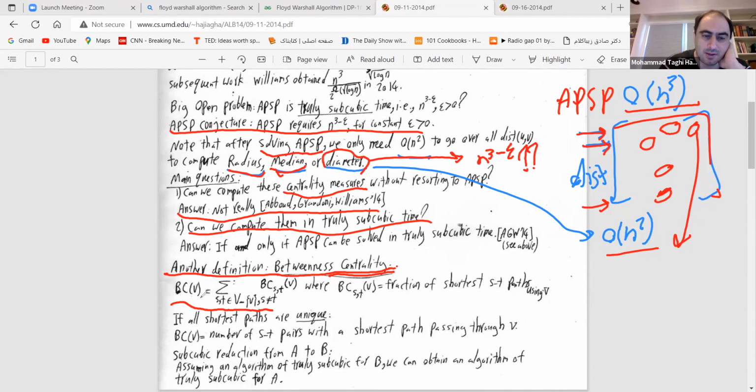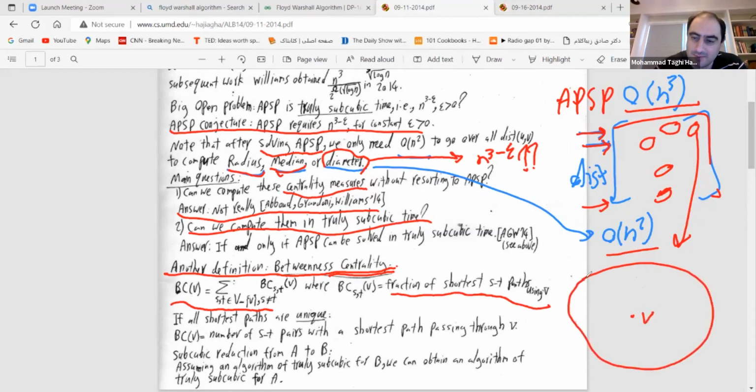The betweenness for a vertex V is the fraction of shortest S-T paths that use V. So consider this is vertex V. If you consider the shortest path between any two vertices, say what is the shortest path between them? So this is actually computing for all pairs.